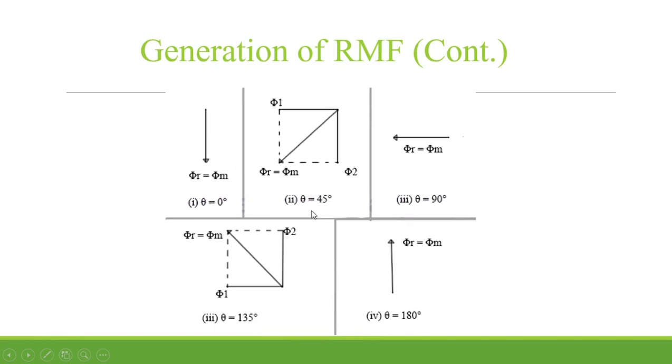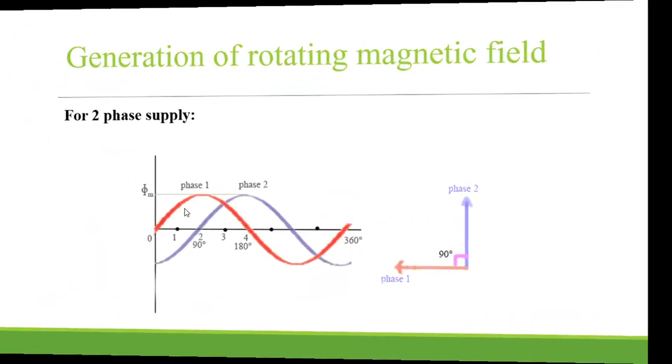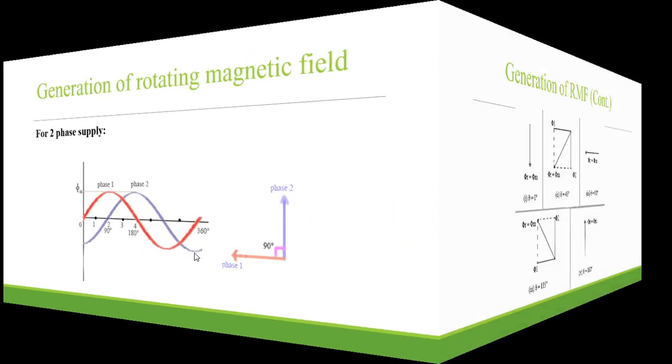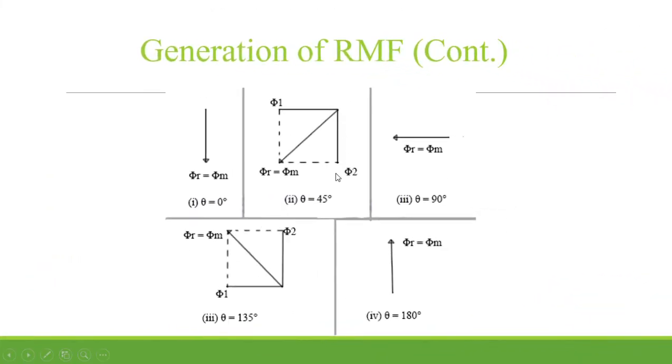For theta equals 45 degree, that is the first point, the phase 1 is some value. This will surely be 1 upon root 2 because phi equals phi m sin 45 degree. So this will be phi m by root 2. This value will be minus phi m by root 2 for phase 2. So the phase 2 is in this direction and the phase 1 is in this direction.